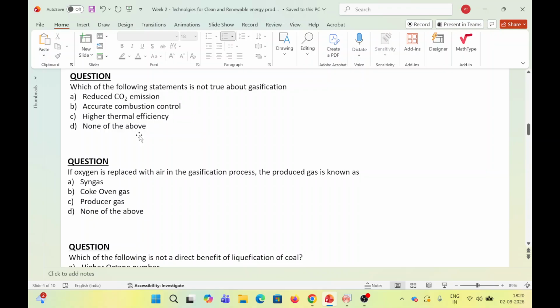Which of the following statements is not true about gasification?